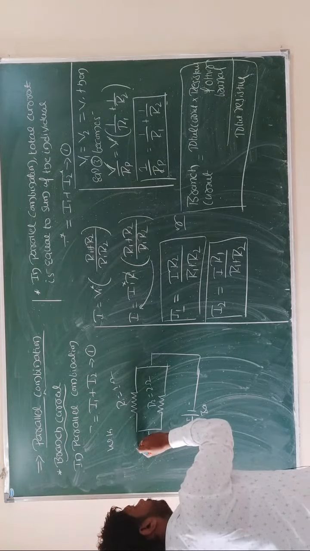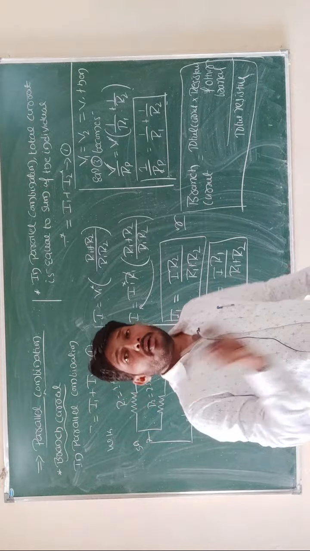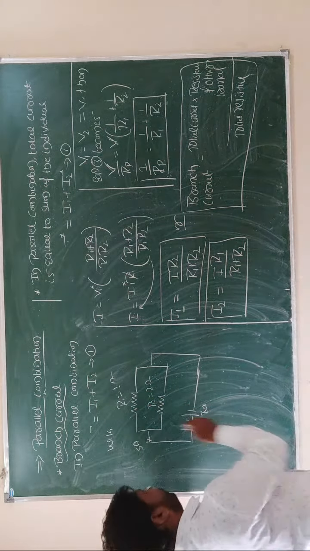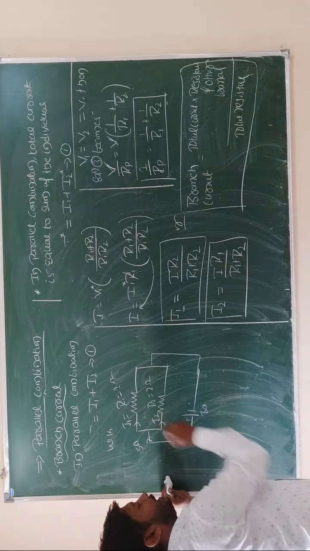Let us take 5 ampere of current flowing from the battery. Then I want to find the I1 value and I2 value.